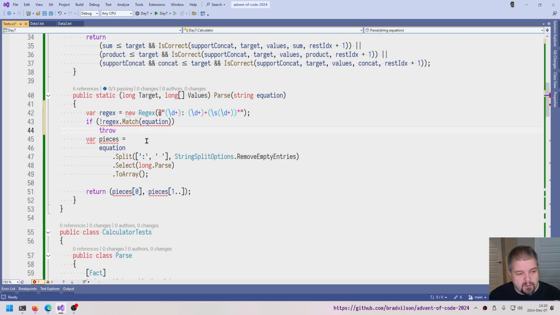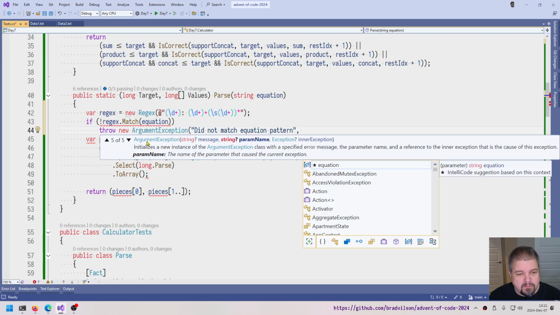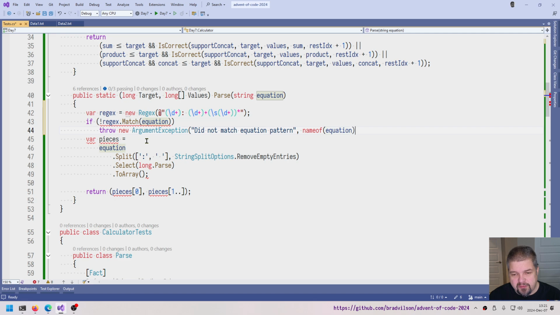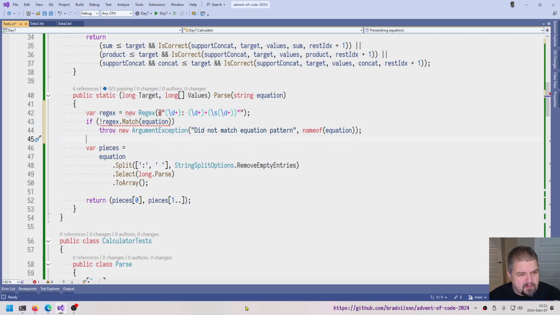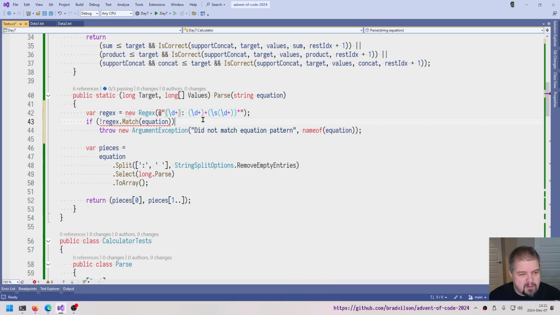We're going to throw new argument exception. Did not match equation pattern or equation. If not regex match, we need to take the match.